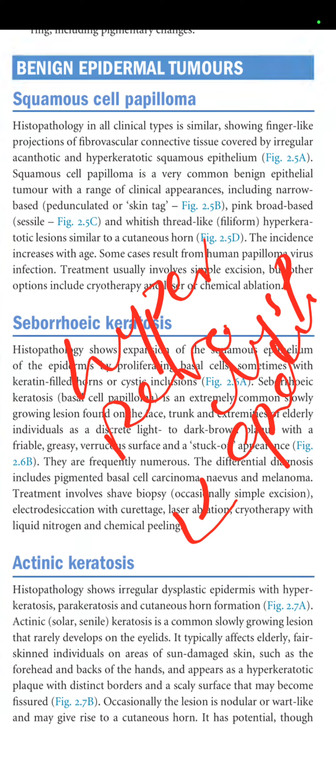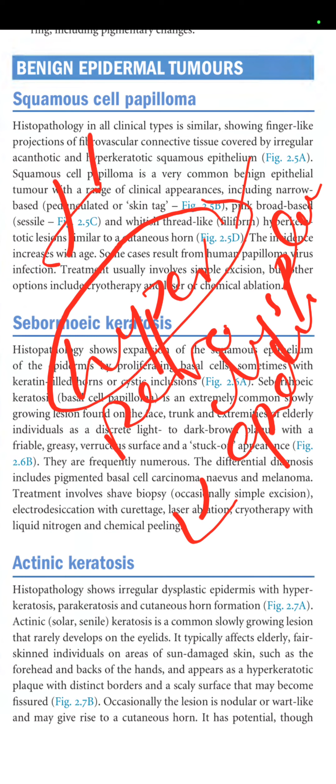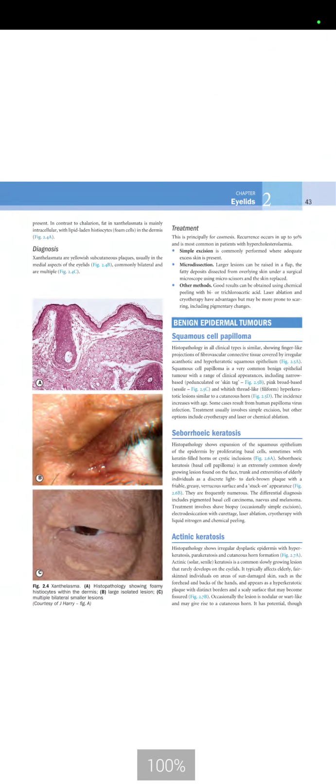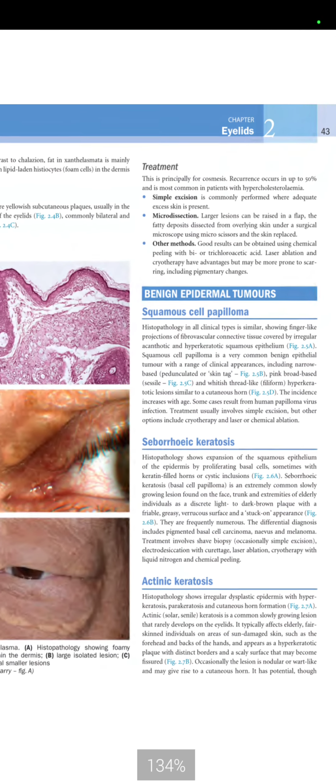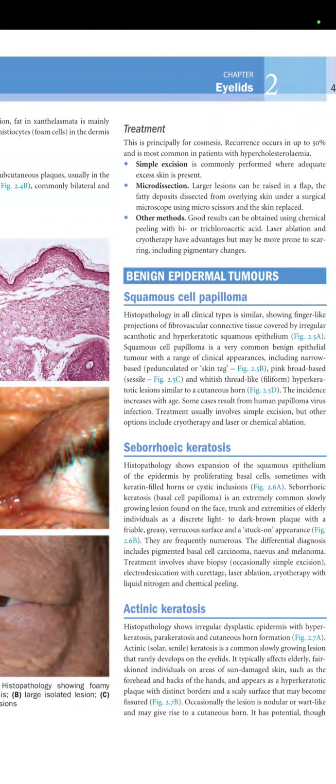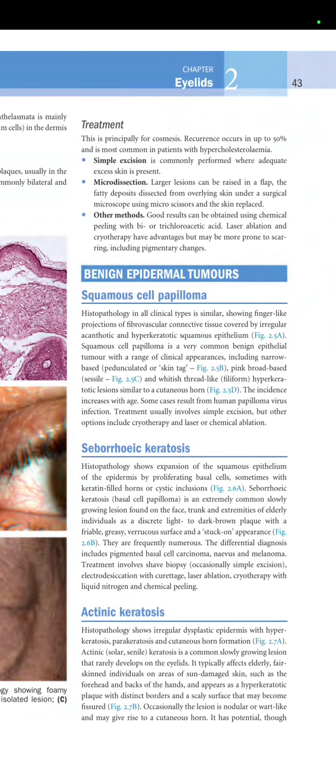Dysplastic cells mean that the cells are not of normal size and their morphology is distorted. Hyperkeratosis is a thickening of the keratin layer, and parakeratosis is the retention of the nuclei within the keratin layer.